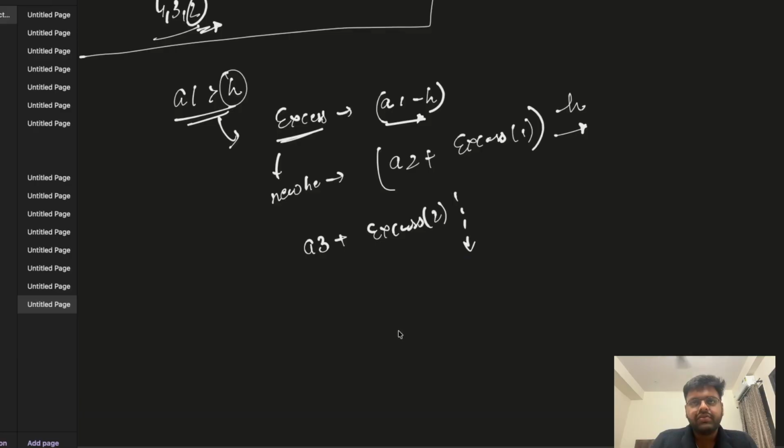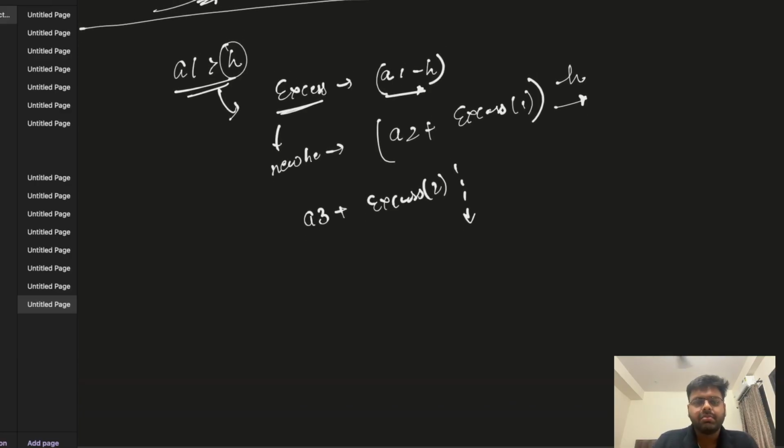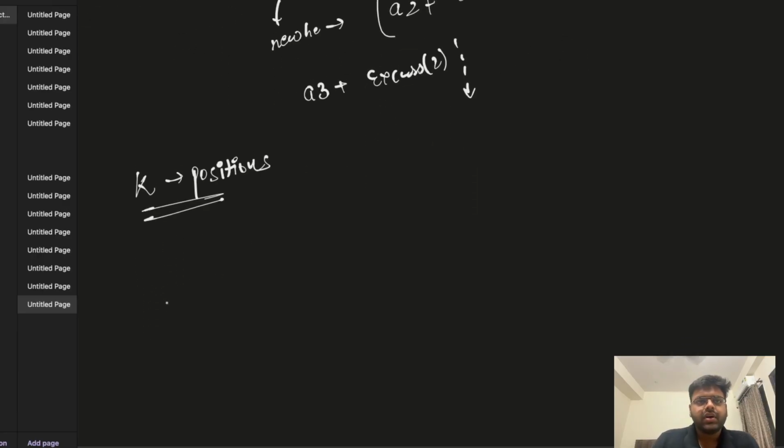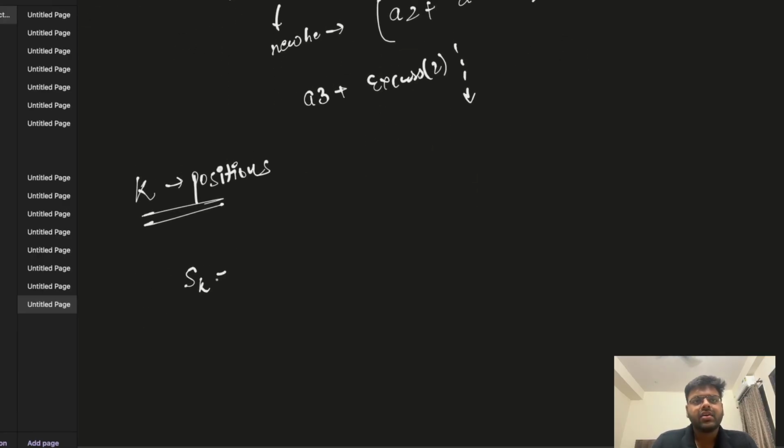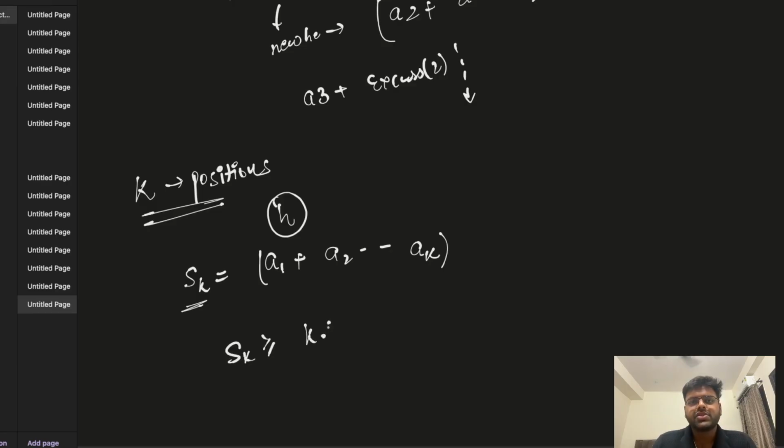Now if we see it in a mathematical way, if I'm taking k positions, can I say that s of k is the prefix sum till k elements? To maintain a frosting level of at least height h, my s of k should be greater than or equal to k into h.